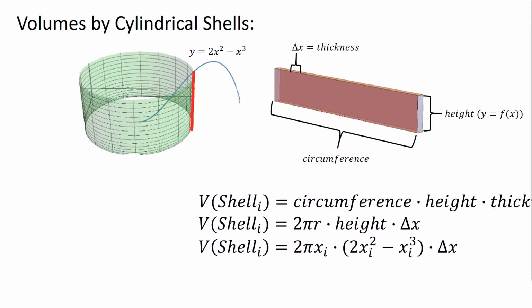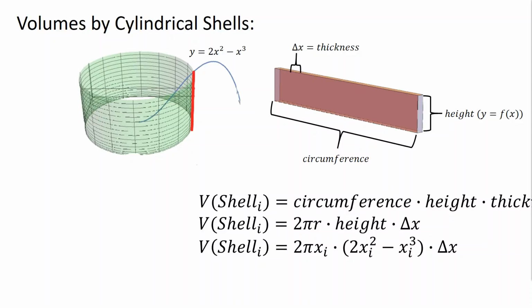And then the thickness of that rectangular prism is going to be my delta x. That's just what I'm going to choose. How many shells I'm using to approximate this volume is going to determine my delta x, and that'll be the thickness. So then the volume is the circumference times the height times the thickness, or 2 pi r, so the radius, times the height times delta x.